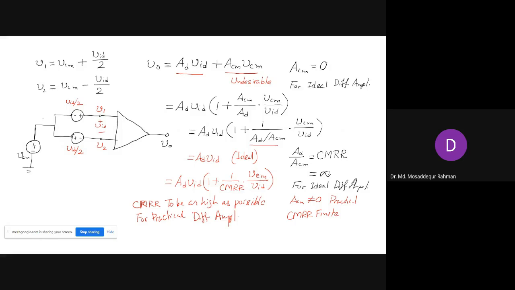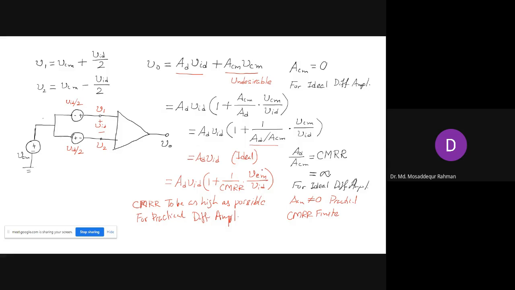Because if CMRR is low, then the output will have the contribution from both the differential input and the common mode input voltages. And why is CMRR so important? Because you see that usually the common mode voltage is much higher than the differential voltage, right? Usually the common mode voltage will be in the range of volts, whilst the differential voltage is usually in the range of millivolts, or sometimes can be smaller.